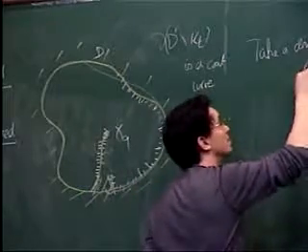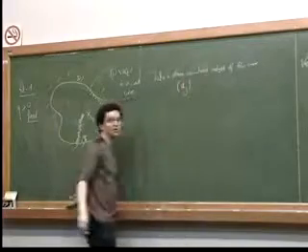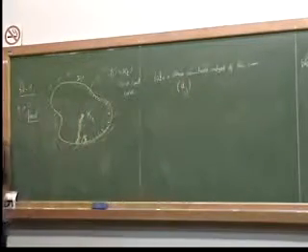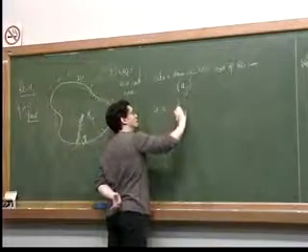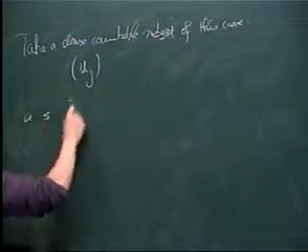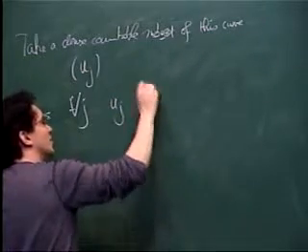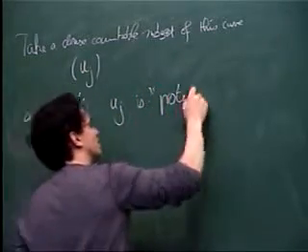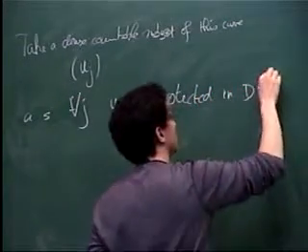So let's call these u_j. And now, because of Russo-Seymour-Welsh, almost surely, for each j, u_j is surrounded, is protected in D minus K_t.